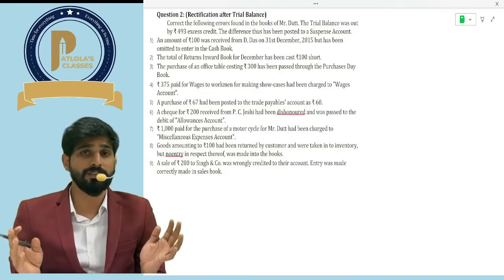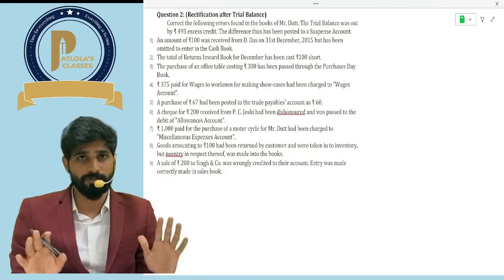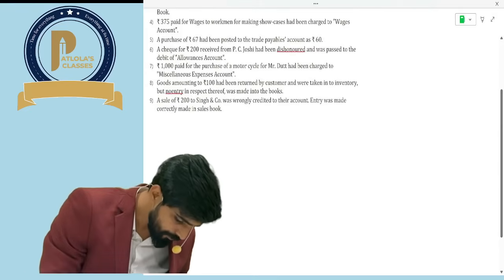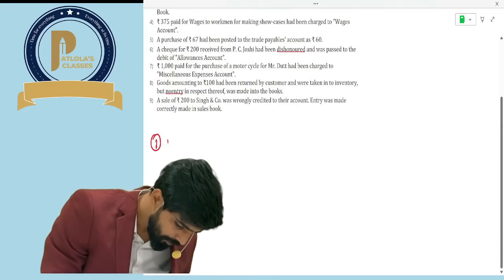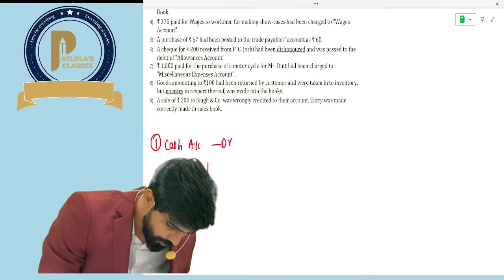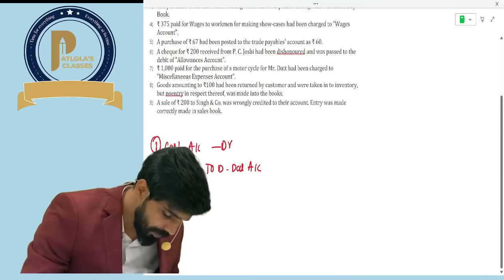Since they have not recorded on both sides, trial balance will tally, so there won't be anything called suspense. Now we have to write an entry called cash account debit to D Das account. How much is the amount? Amount is 100.